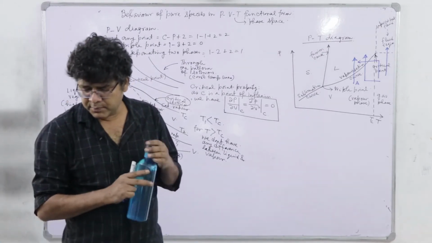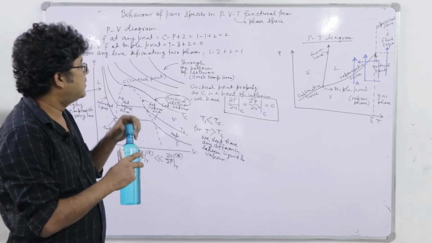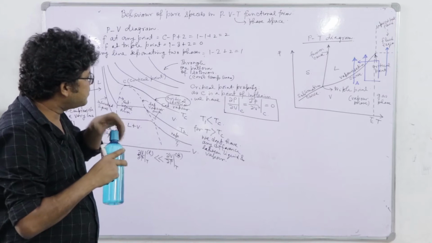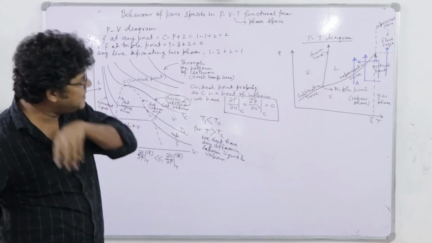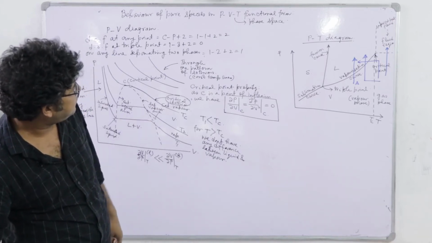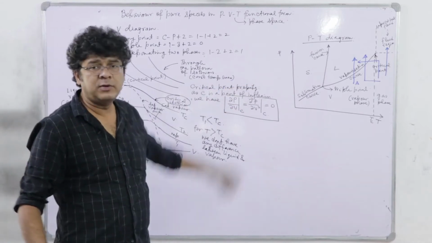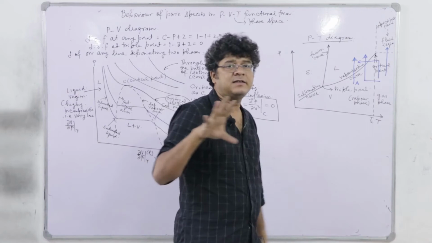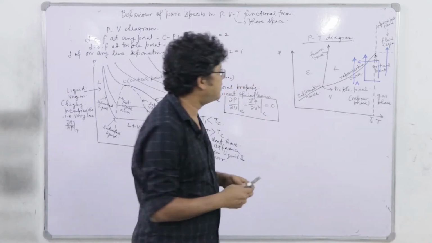Now, what is more important is that we can change the phase from vapor to liquid without actually any phase change, and apparently it seems to be an absurd statement.